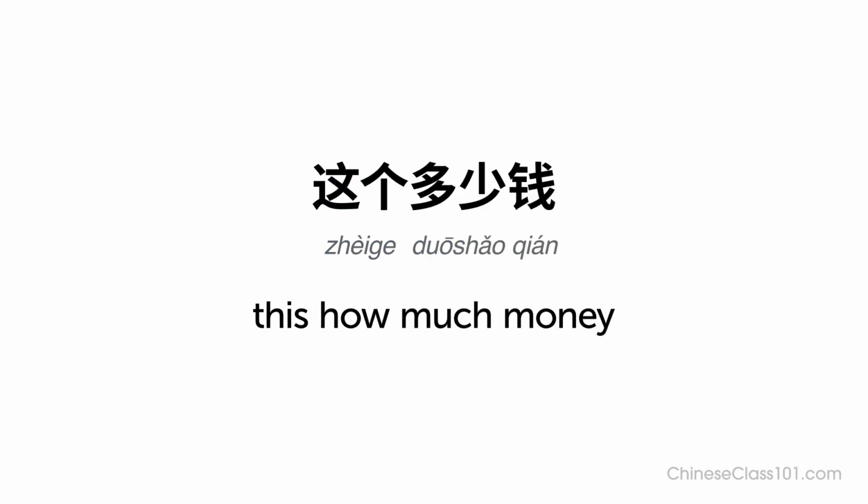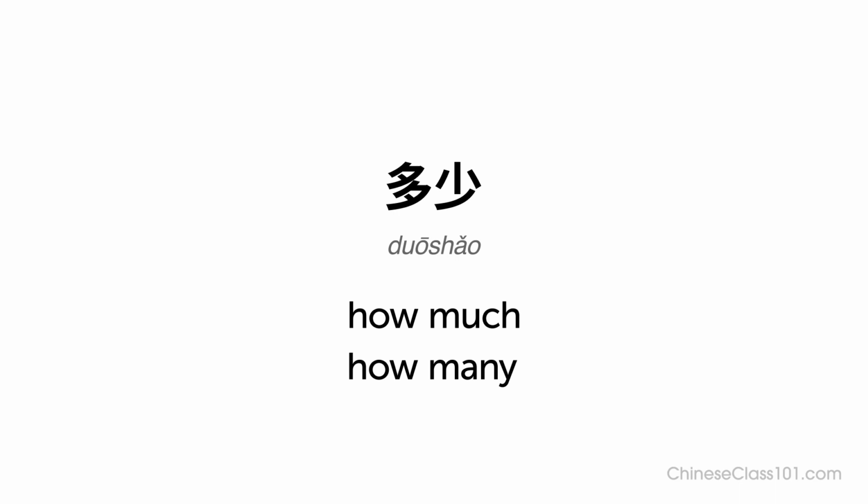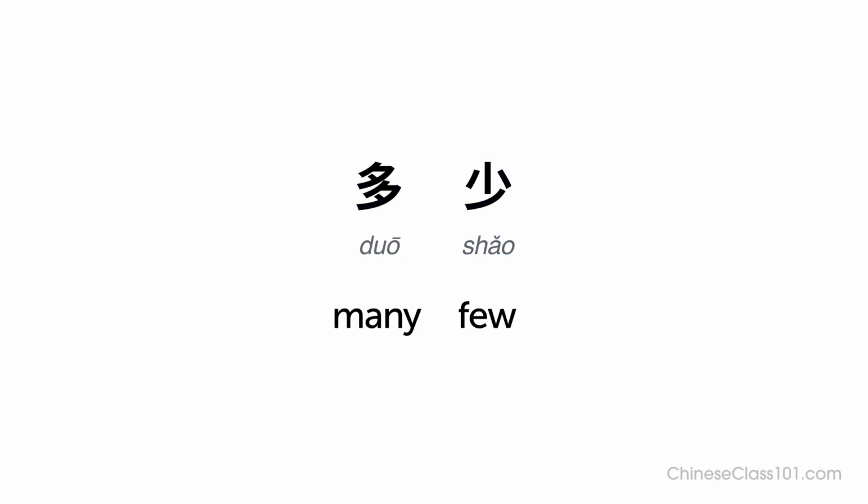After that is 多少钱, meaning how much money. The first part is 多少, how many or how much in this context. Note the literal meaning of the Chinese characters: 多, many, and 少, few.